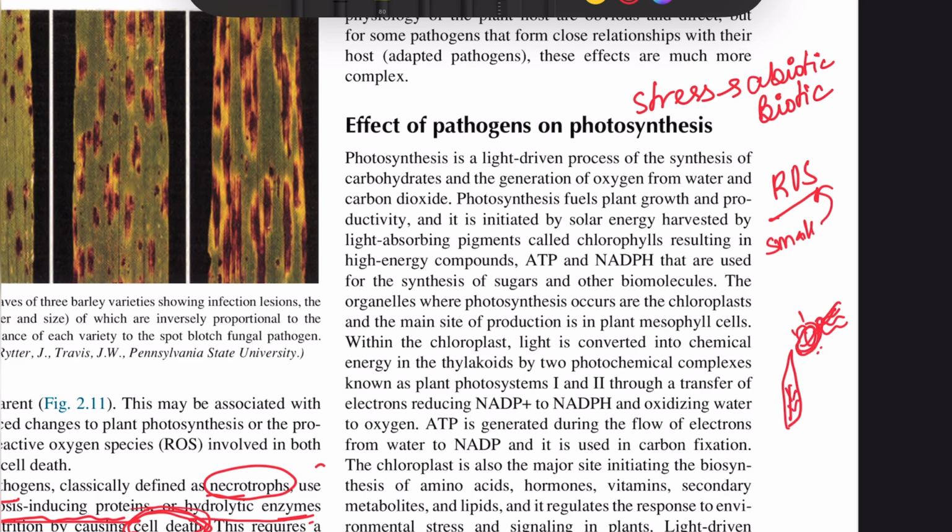So when a plant is under attack, a small amount of ROS helps signal the plant to start defending itself. It's like a warning system. Small amount is fine, but what happens when it is too much? Too much of this ROS can damage plant cells.